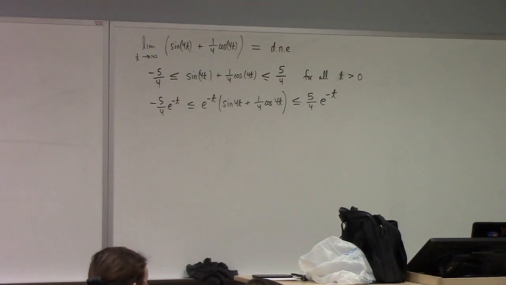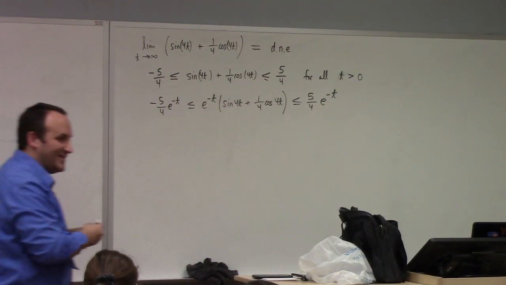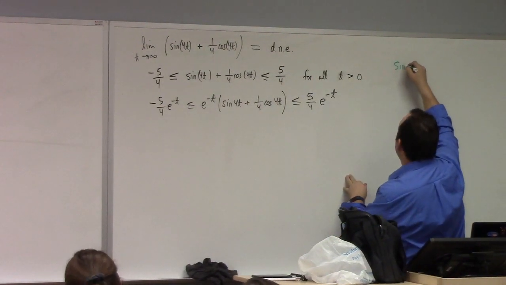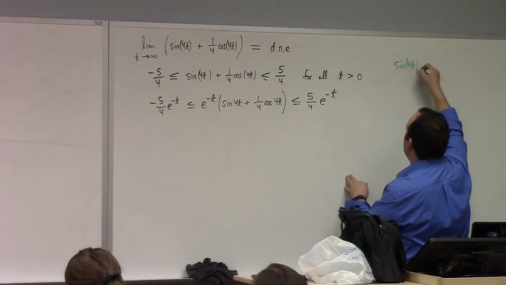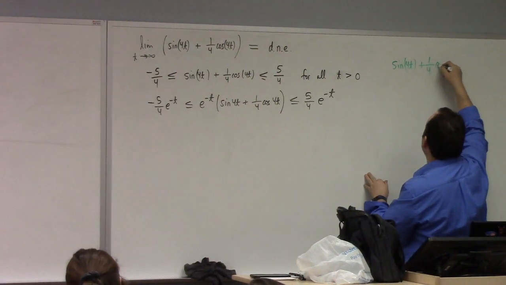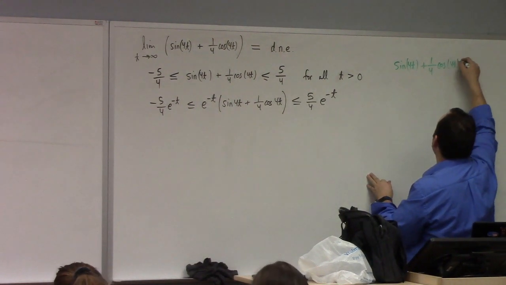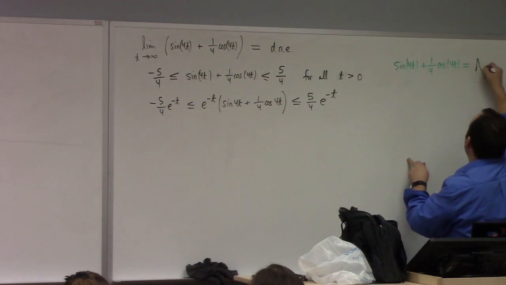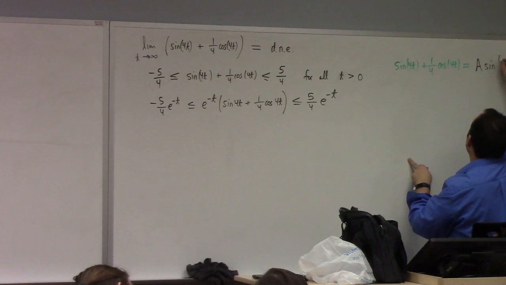If we wanted to, we could slog through the trigonometry. It's possible. It can be done. You electrical engineers should know how to do this because it's the kind of thing you want to do with phasors. There exists an A, an amplitude, and a phase angle, delta.